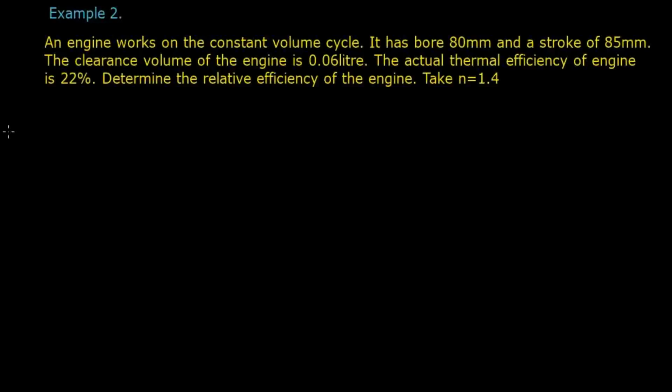Then the actual thermal efficiency of the engine is 22%. Determine the relative efficiency of the engine. Take n as 1.4. So as you can see here now, the n is general both for the expansion process and the compression process. So let's get down to work.